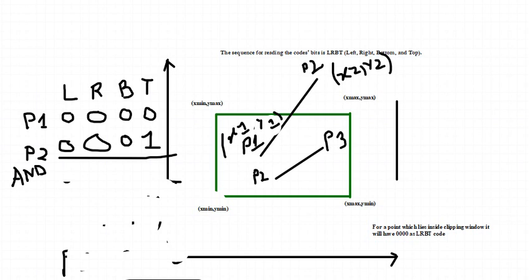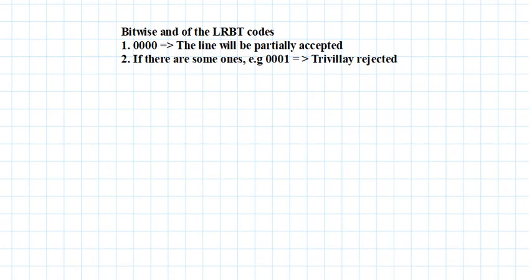If you do bitwise AND, you can find that all the bits will have zeros. So this first condition is satisfied. The line will be partially accepted. So you cannot go for this trivial rejection scenario.